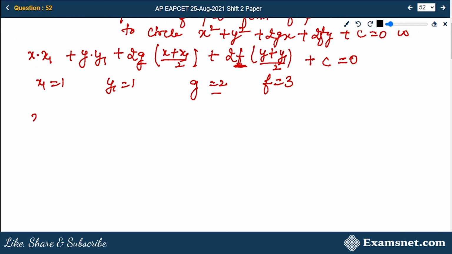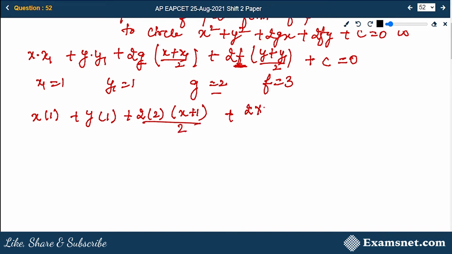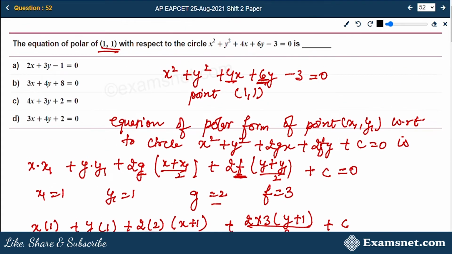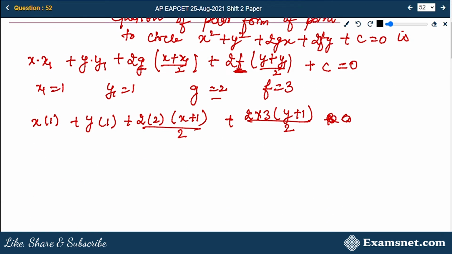This will become x into 1 plus y into 1 plus 2 into 2 into (x plus 1) divided by 2 plus 2 into 3 into (y plus 1) divided by 2 plus c, which in this case is minus 3, is equal to 0.